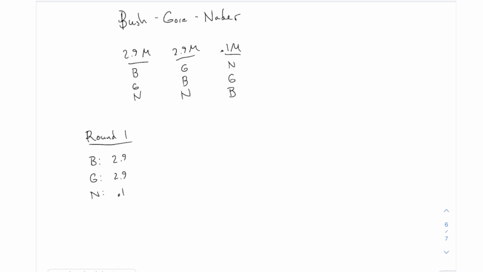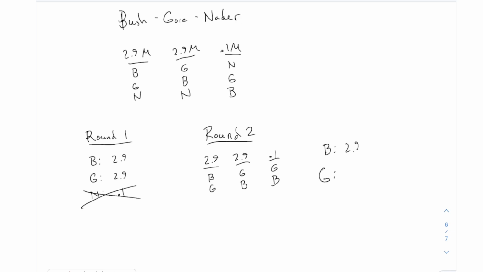Eliminate Nader. And so round 2 we do without Nader. It's just between Bush and Gore. If you want to rewrite the chart, it would look like 2.9 say Bush-Gore, 2.9 say Gore-Bush, and then 0.1 say Gore-Bush. And here the totals will be 2.9 for Bush and an even 3.0 for Gore, and Gore wins.